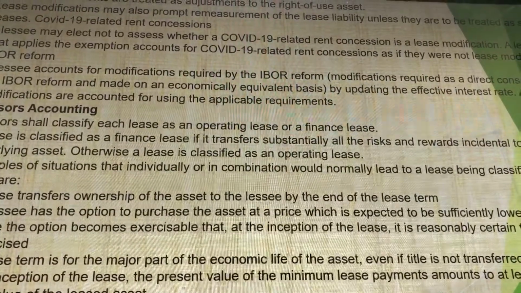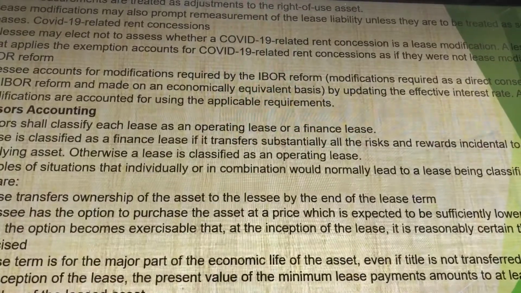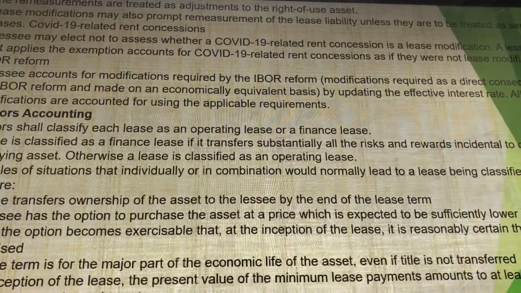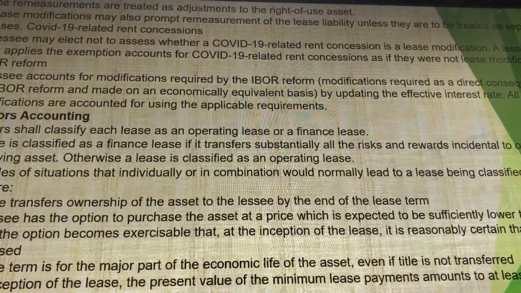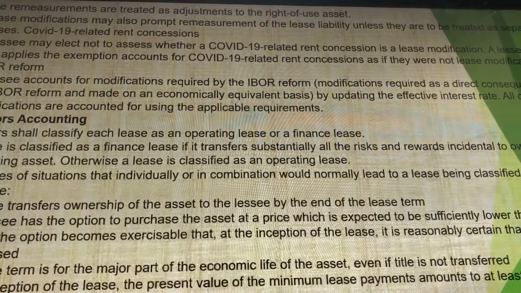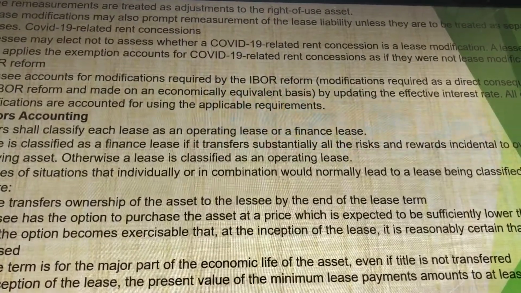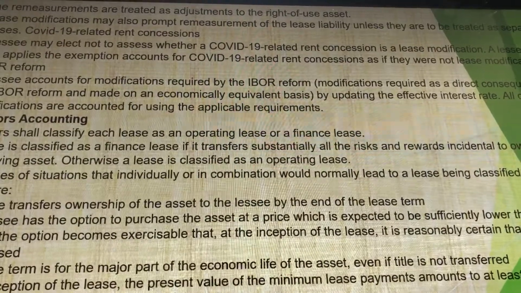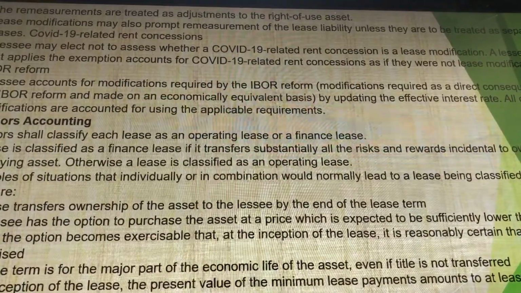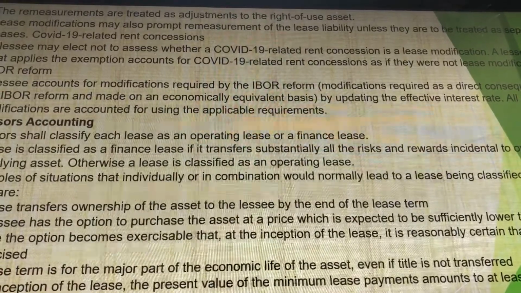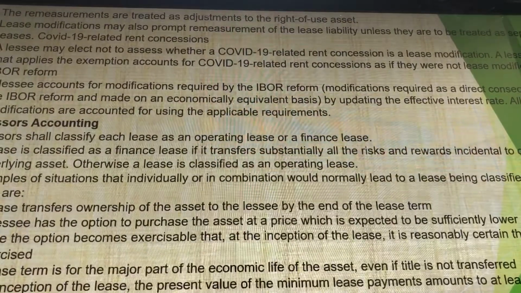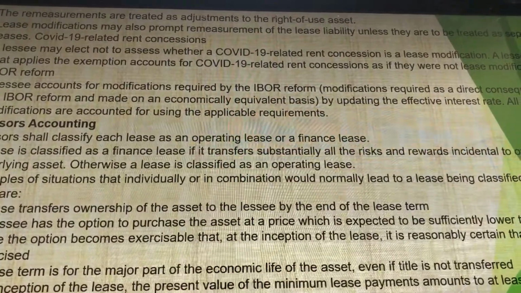Examples of such situations are: the lease transfers ownership of the asset to the lessee by the end of the lease term, or the lessee has the option to purchase the asset at a price expected to be sufficiently lower than the fair value of the asset.